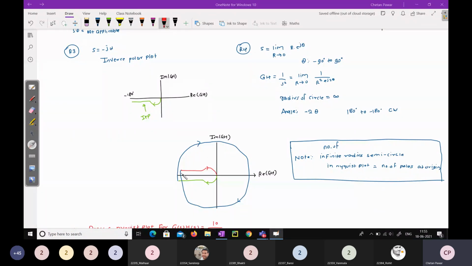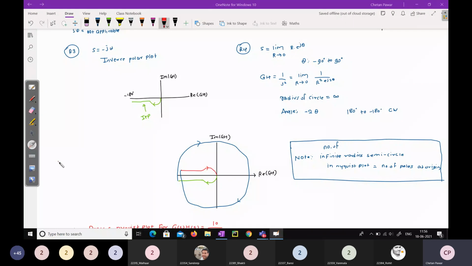That's why I have drawn it this way. So this infinite radius semicircle will start from the end of the inverse polar plot and will end at the starting of the polar plot. Like this way, this circle will be there.